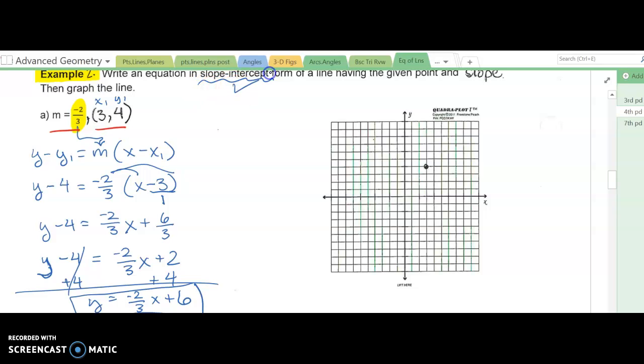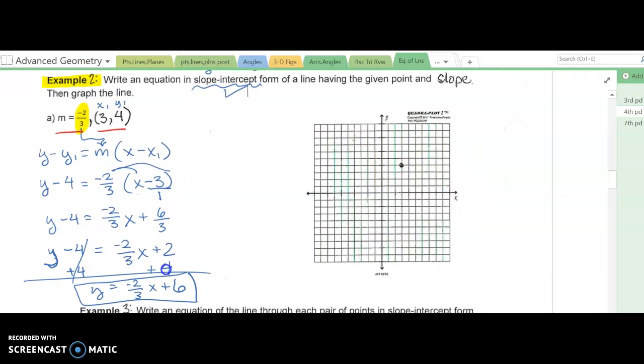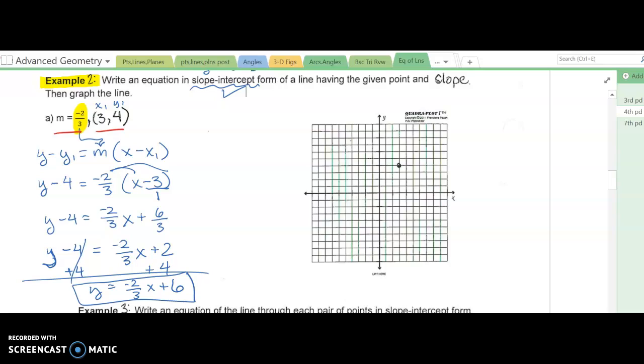It's in slope-intercept form, and so now we get to graph it. So it looks like the point 3, 4 has already been graphed for us. All we need is the y-intercept of 6 on the y-axis. So go up 1, 2, 3, 4, 5, 6, and I can draw a line through those 2 dots.